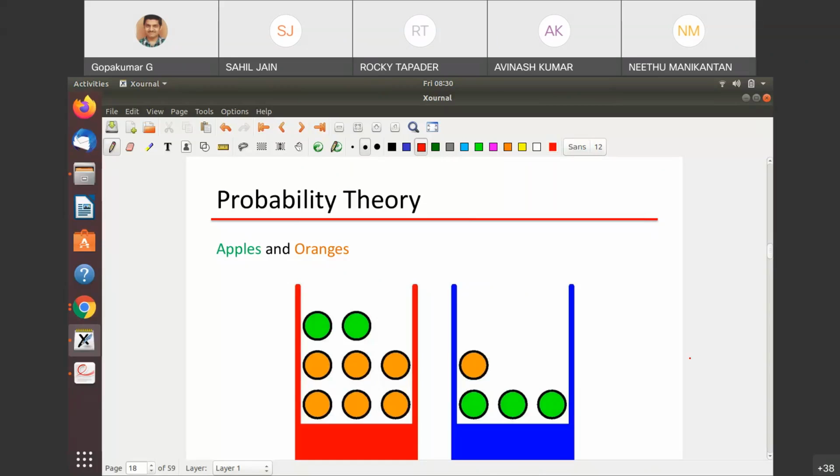Or you can ask another question: what is the probability that an orange is selected if the fruit is selected from the red box? There are a lot of things, with replacement, without replacement. Very complicated situations can be generated, and we can ask to find out the probability.